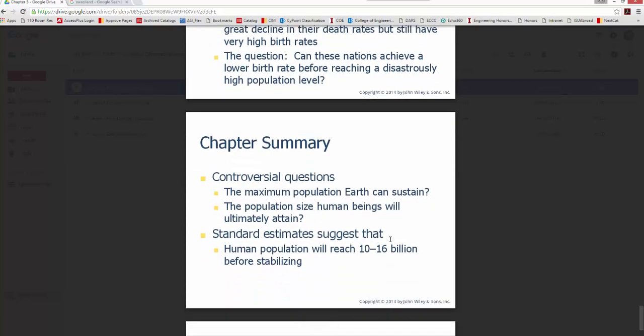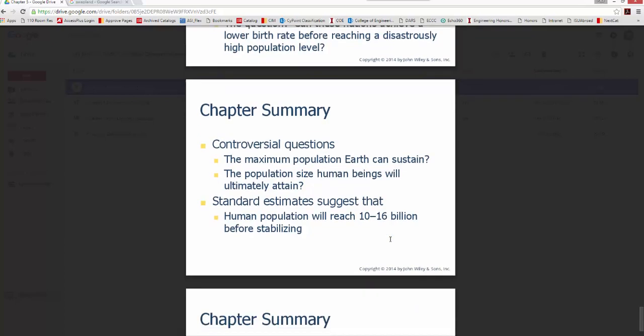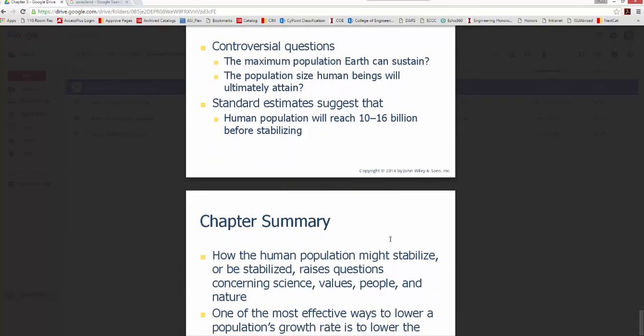Some controversial questions that we've introduced: the maximum population, and what size will we ultimately attain? Here are some estimates for the future: 10 to 16 billion before stabilizing is what has been estimated.